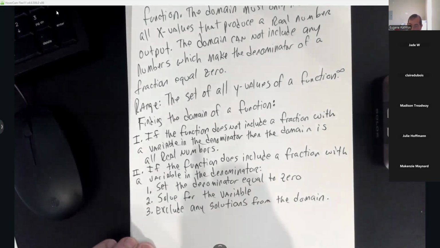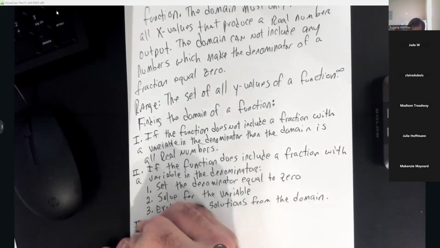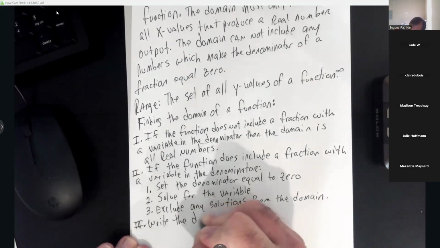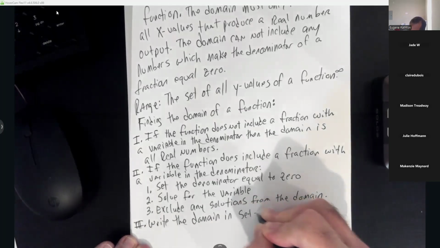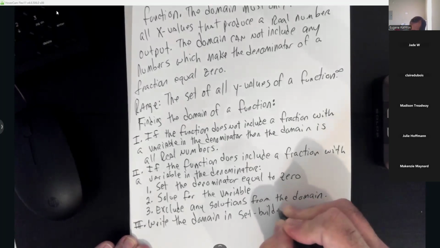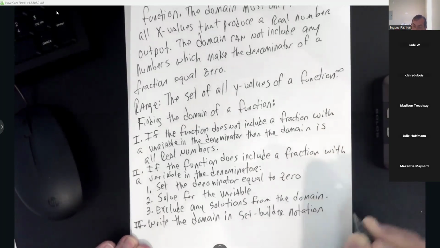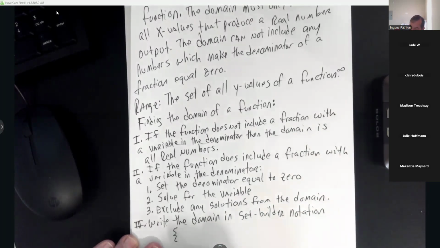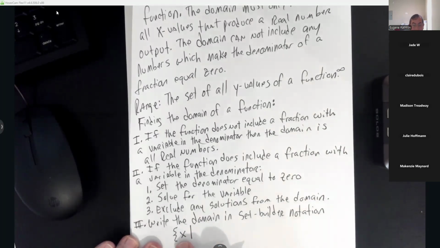All right, then we'll write the domain in set builder notation. And y'all, that's where you would just use the fancy little brackets. You would list your variable, which is the x, and then you would put the conditions.